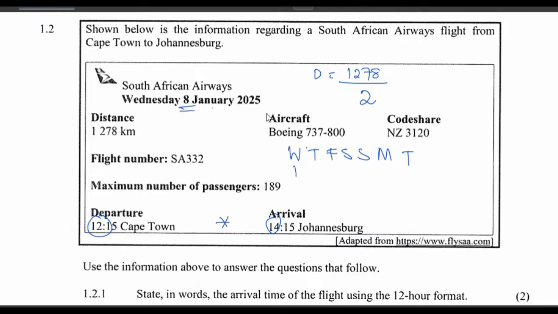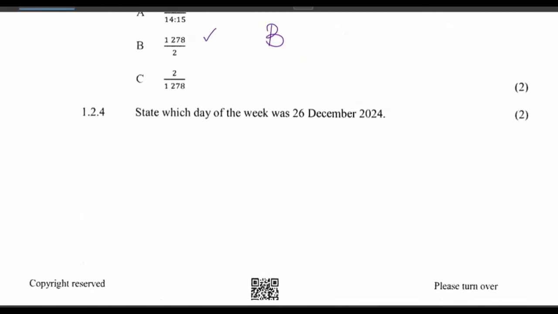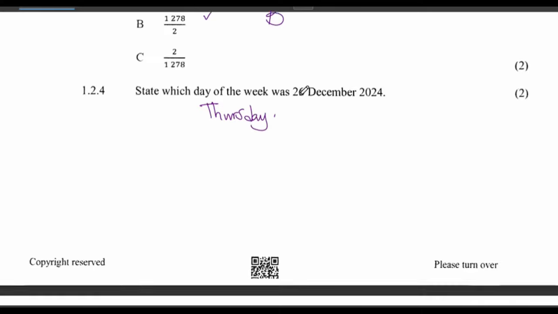If last week it was the 1st, that means this was the 31st, 30th, 29th, 28th, 27th, then 1, 2, 3, 4, 5, 6, and 26. So 26 was a Thursday.